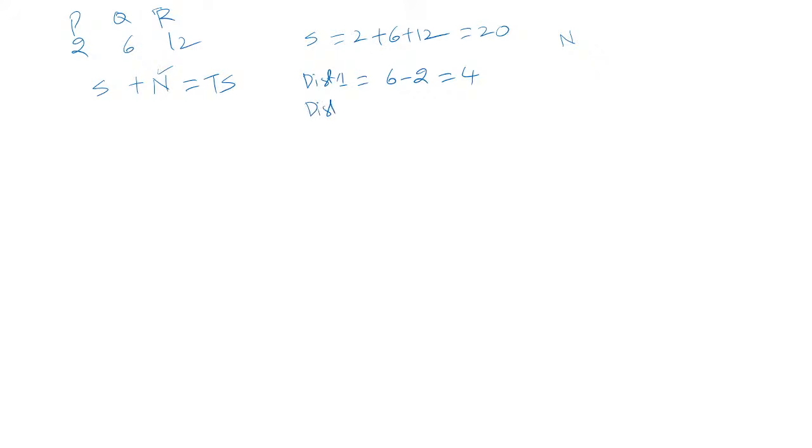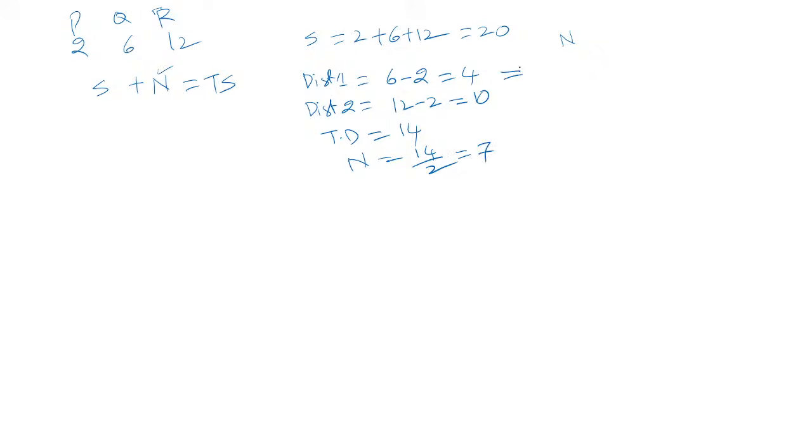Then calculate the distance between the last number and the first number: 12 minus 2 is 10. The total distance is 10 plus 4, which is 14. Then the number of operations is 14 by 2, which is 7.